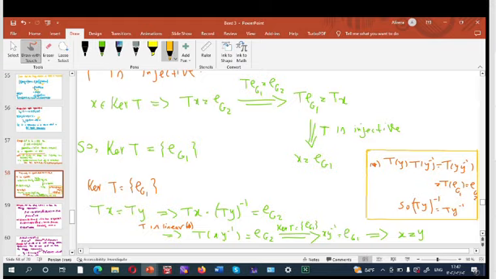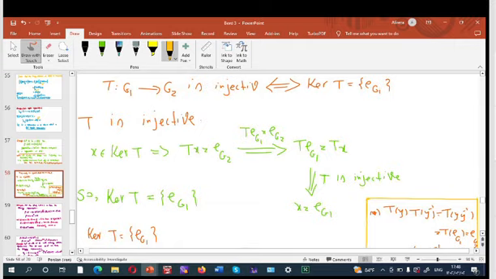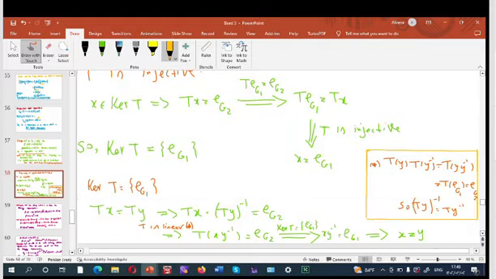And this shows that this element is in the kernel of T. But we assume that the kernel of T is equal to {E}, so this must be equal to E. And if we multiply by y on both sides of this equality, x must be equal to y, and so T must be a one-to-one or injective function. T is injective if and only if the kernel of T is equal to the identity element.